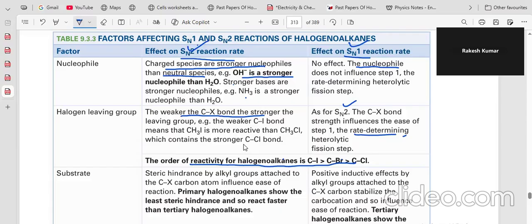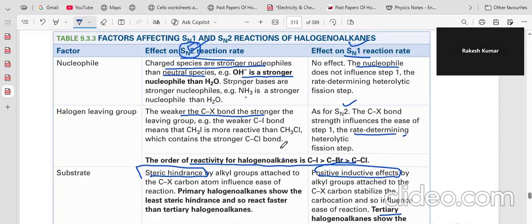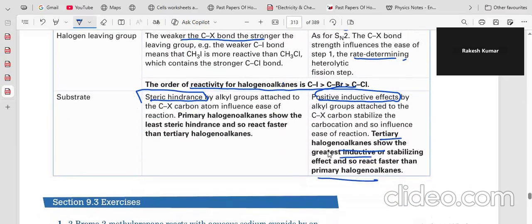The nucleophile strength matters only for SN2, and for SN1 it doesn't. Steric hindrance and the positive inductive effect are more relevant here. Tertiary shows the greatest positive inductive effect, so it reacts faster in SN1, and primary shows less hindrance, so it reacts faster in SN2.